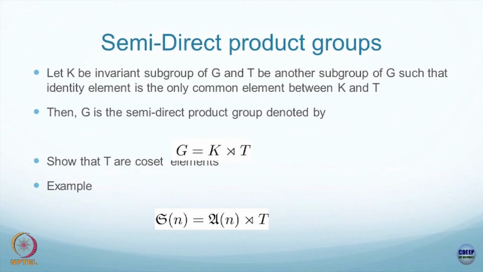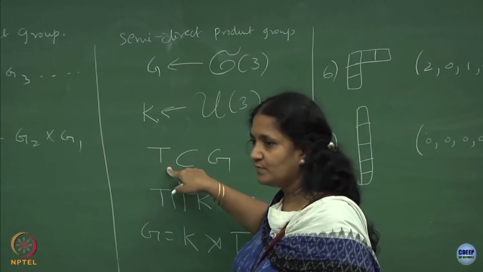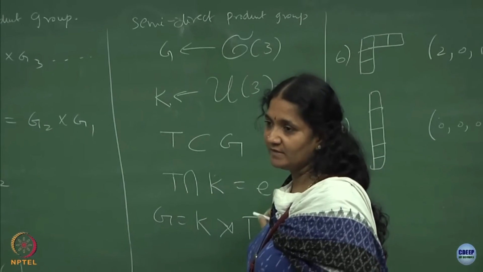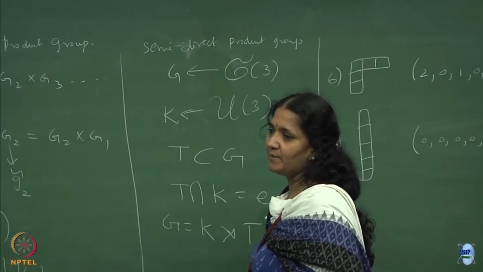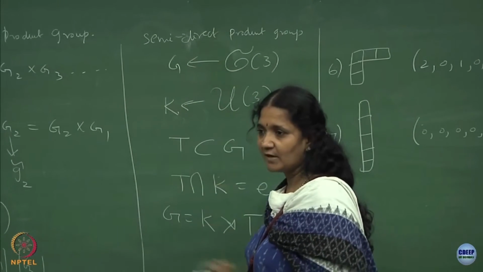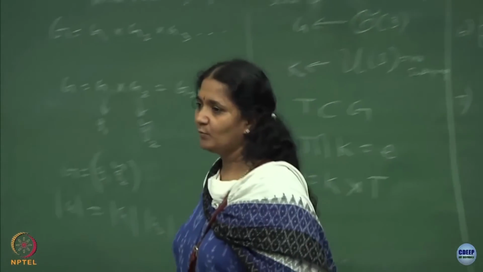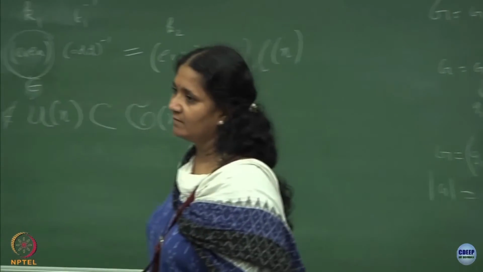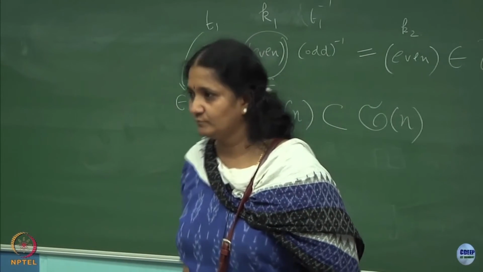Not necessary. I have taken an example. In an abstract case, you can have an invariant subgroup and you can have another subgroup such that the intersection has to be the identity element. That is the case, then your group can be written as a semi-direct product. So, this is for an abstract group. As an example, I have looked at this where the invariant subgroup is the even permutations forming the alternating group. Okay?